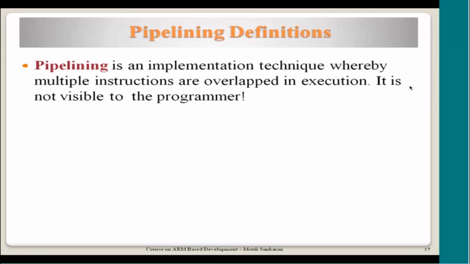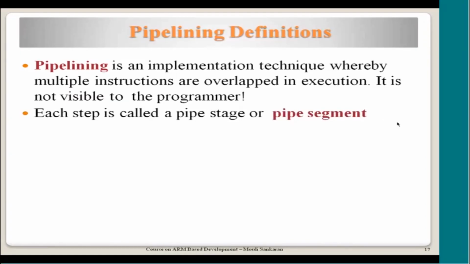It is an implementation technique where multiple instructions are overlapped in execution, which is not visible to the programmer. From the programmer's perspective, instructions get executed in one clock cycle, but internally it is divided into multiple steps and then executed. We will talk about how it is done.